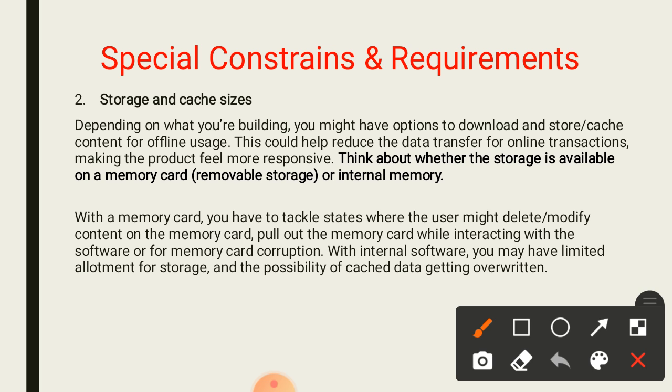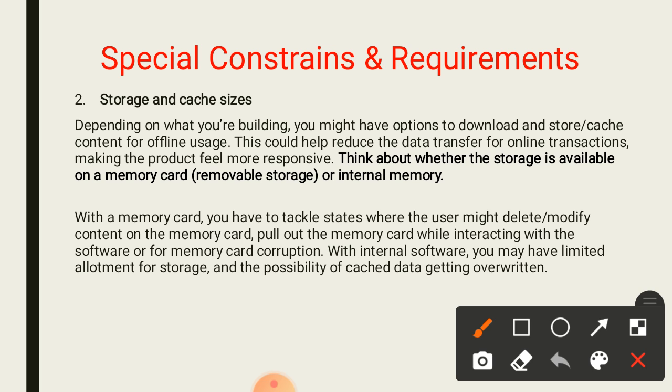Storage and the cache space. Depending on what you are building, you might have options to download and store the content for offline users. It would help reduce the data transfer for online transactions, making the product feel more responsive. Think about whether the storage is available on the memory card, internal memory or removable storage.